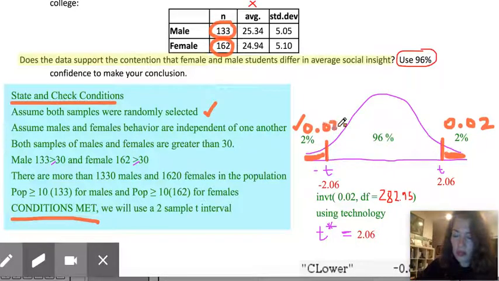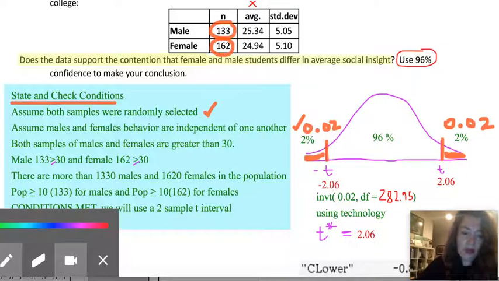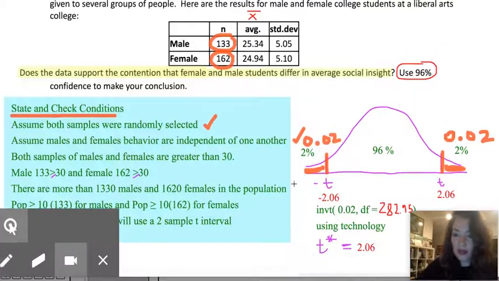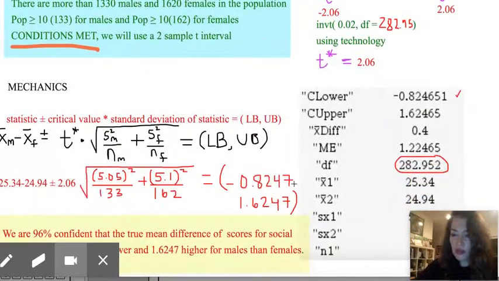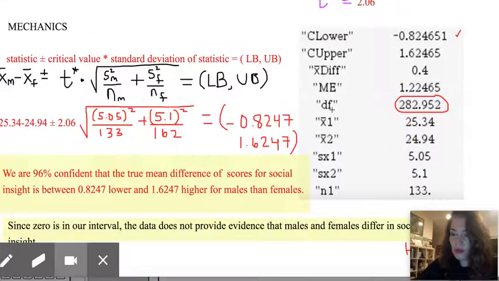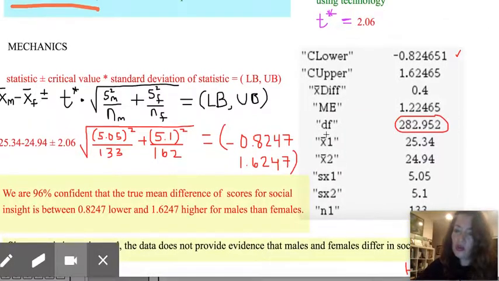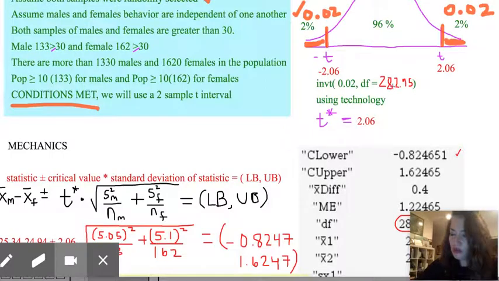So to find the T critical value, you're going to go to inverse T, area is 0.02, and I use the degrees of freedom from the calculator. When we entered the 2 samples, we were given degrees of freedom right here of 282.952. So using technology, you could enter the degrees of freedom, and our critical value is therefore 2.06.